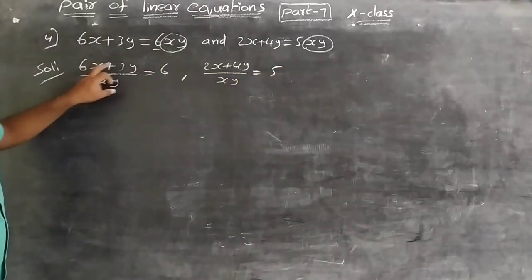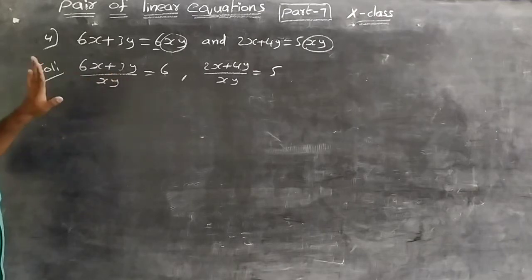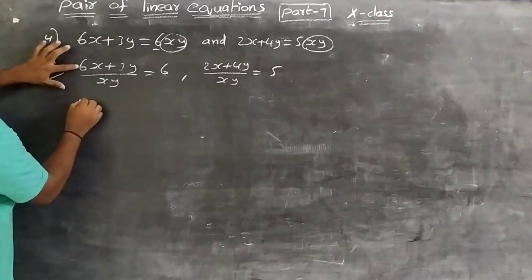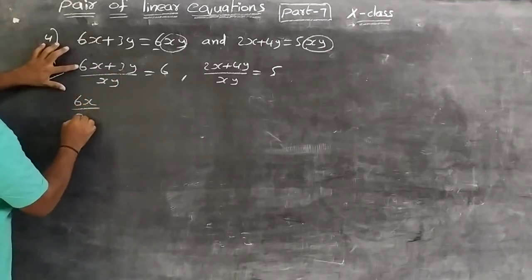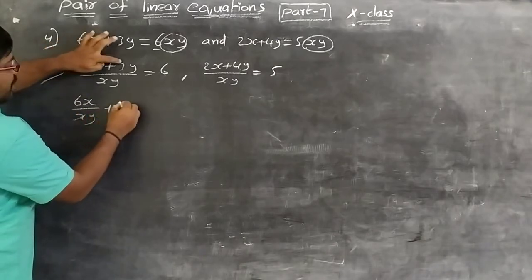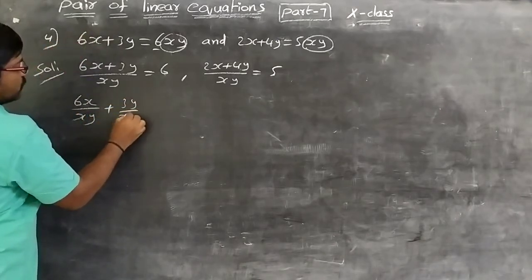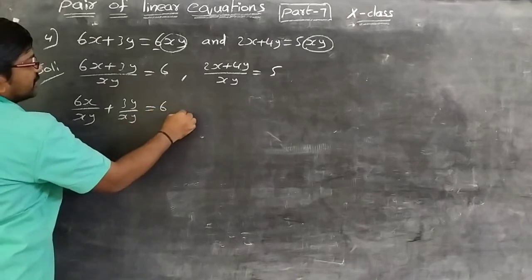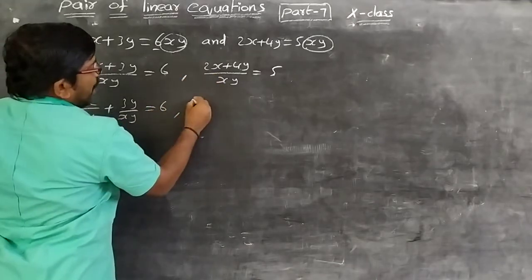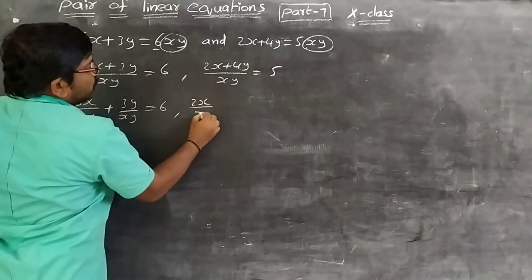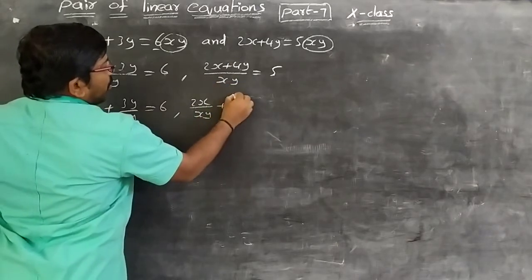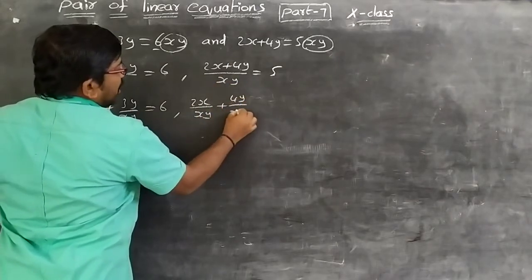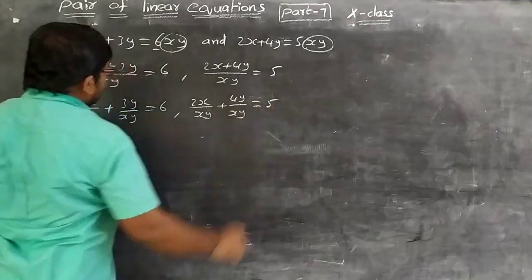Now separate 6x plus 3y by xy: 6x by xy plus 3y by xy is equal to 6. It is also 2x by xy plus 4y by xy, right, is equal to 5.